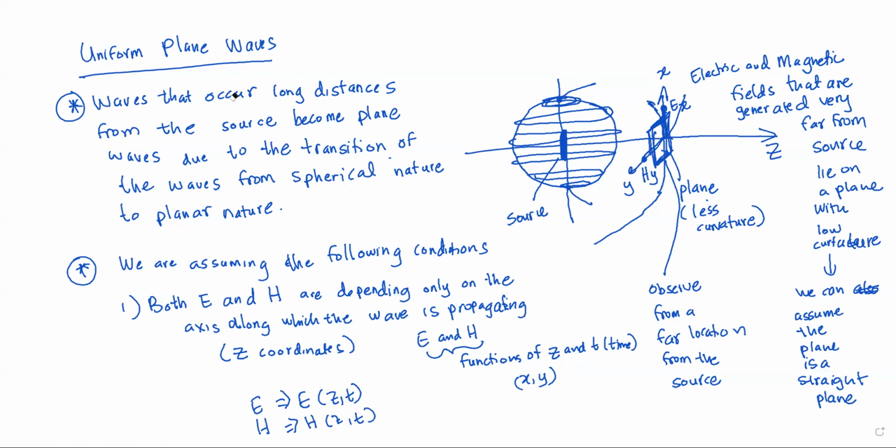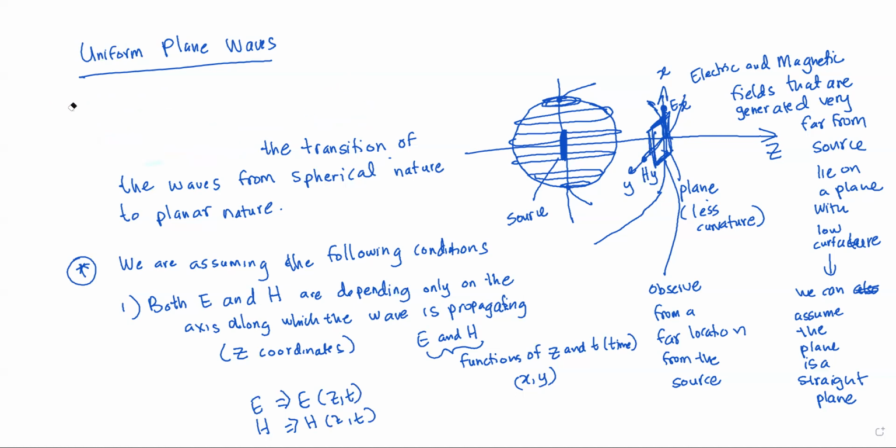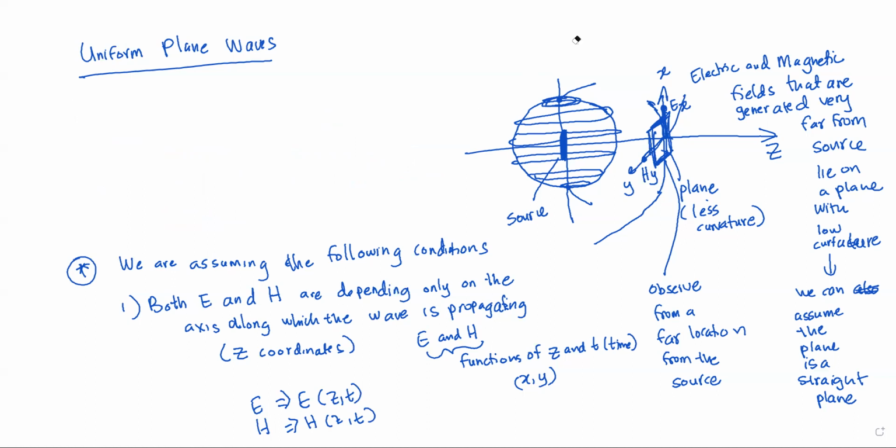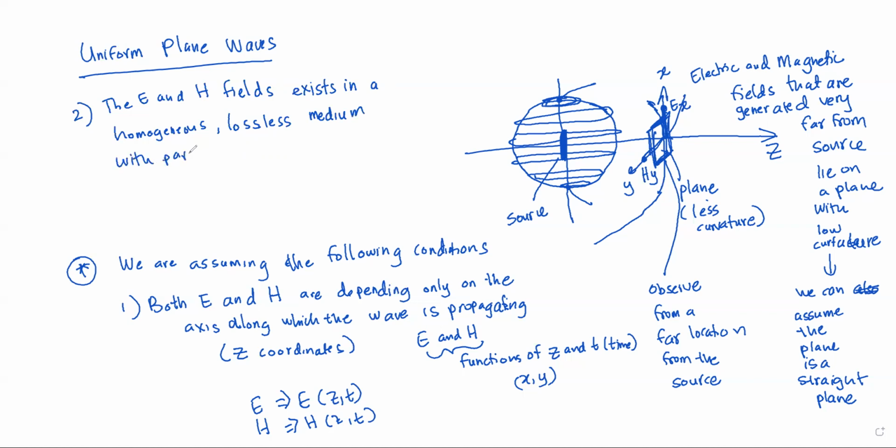So that also I will try to write. The E and H fields exist in a homogeneous lossless medium with parameters epsilon and mu, which are above zero.